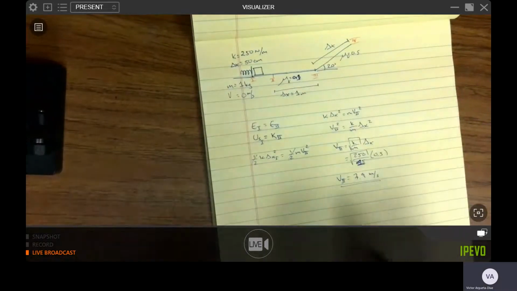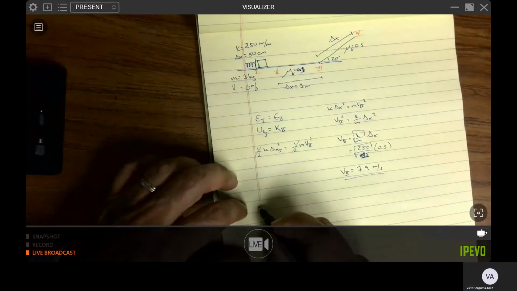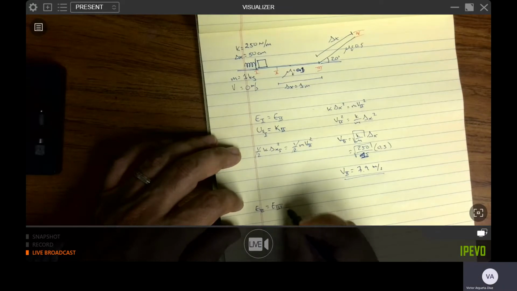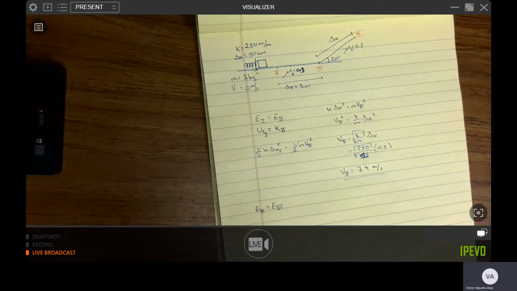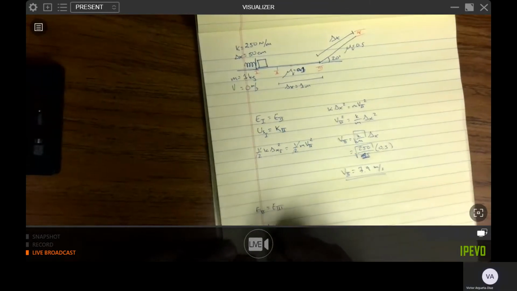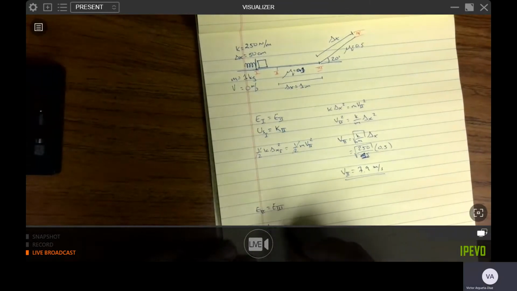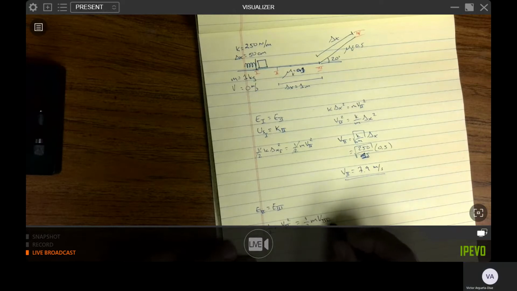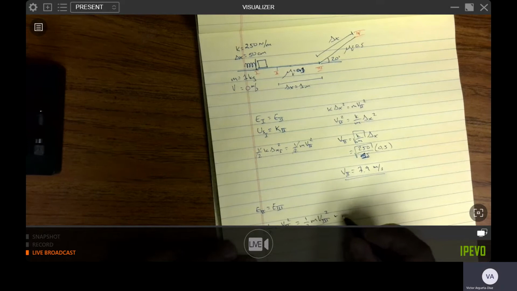Okay, so now we need to go from point 2 to point 3. So the energy at 2 has to be equal to the energy at 3. The energy at 2 is going to be kinetic energy, so we're going to have 1/2 of the mass times v2 squared. And the energy at 3 is also going to be kinetic energy, but we're also going to have thermal energy.